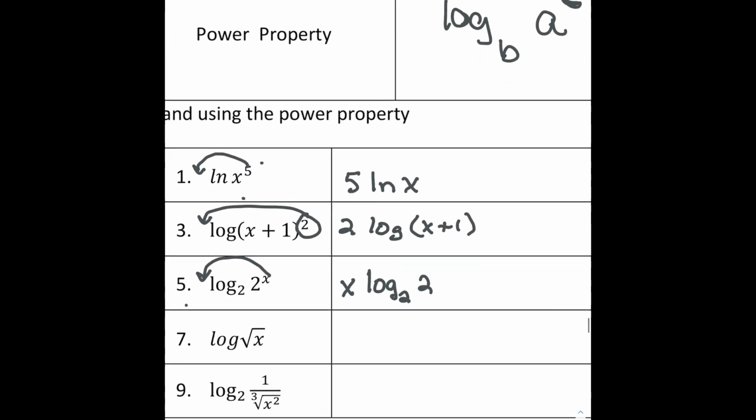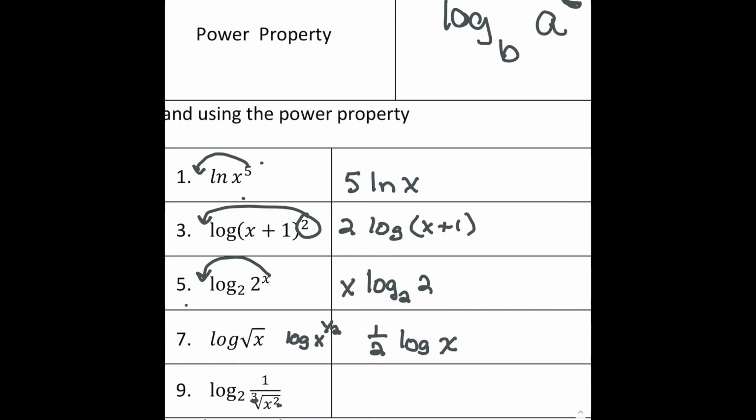Oh, this one we have to remember, we have to rewrite this as log of x to the 1/2. So then the 1/2 would drop, and I would get 1/2 log x. This one, because the cube root is in the denominator, I have to write this as log base 2 of 1 over x to the 2/3, because that's my power and that's my denominator.